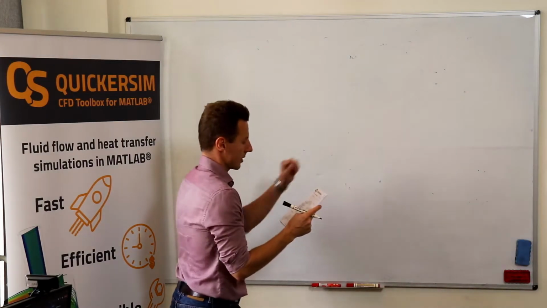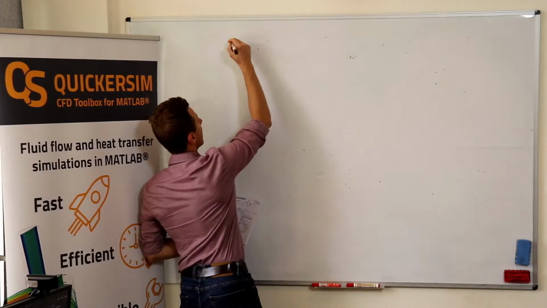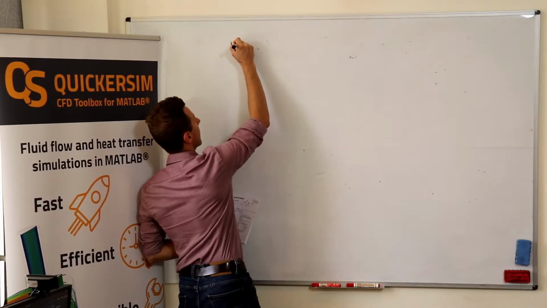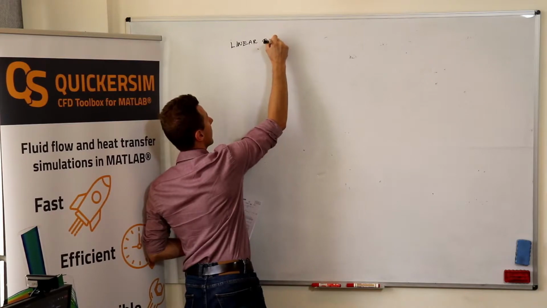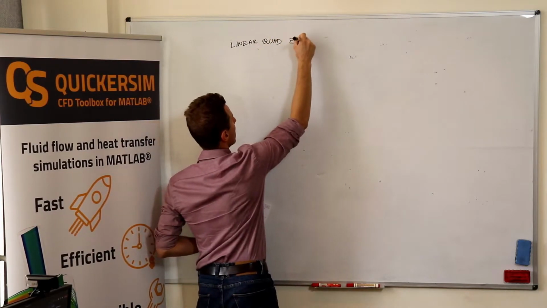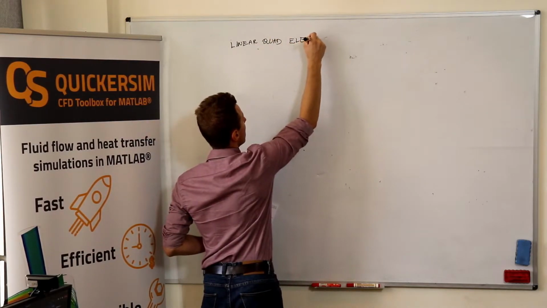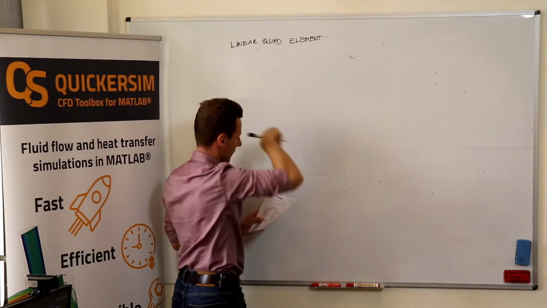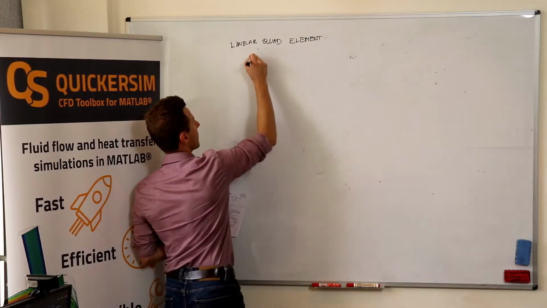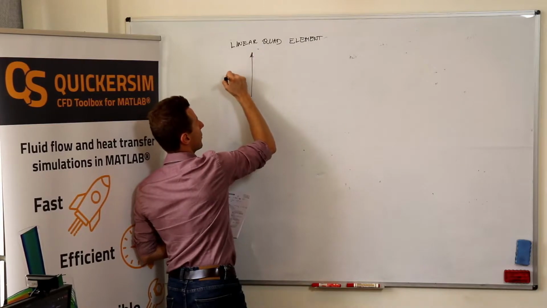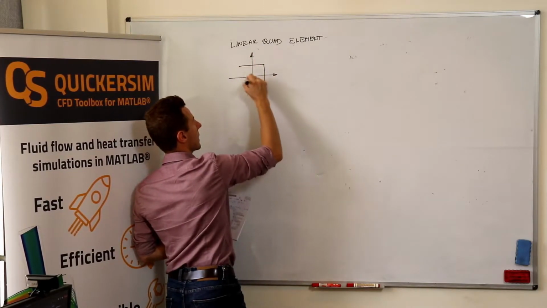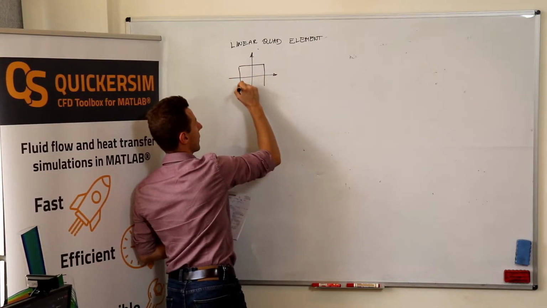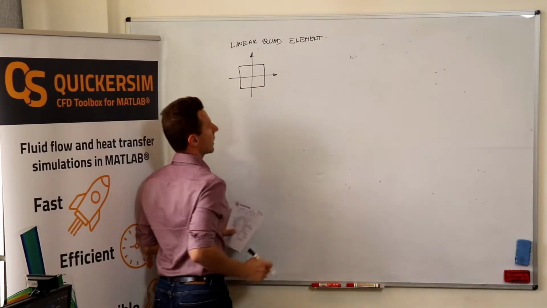Okay, let's start with the linear quad element. Now, quick summary is that the reference element, remember we are using the reference elements because the Gaussian quadratures are defined.